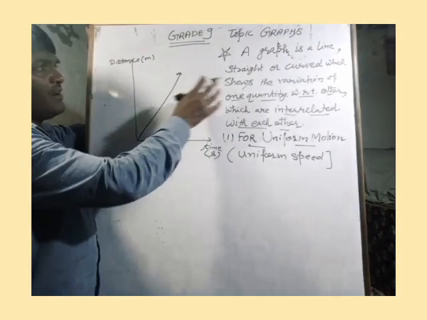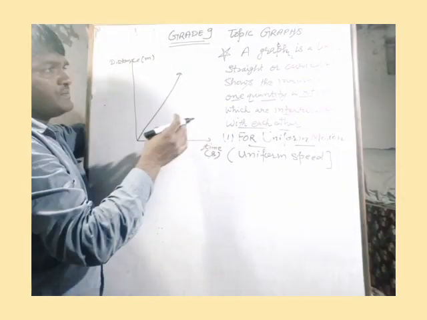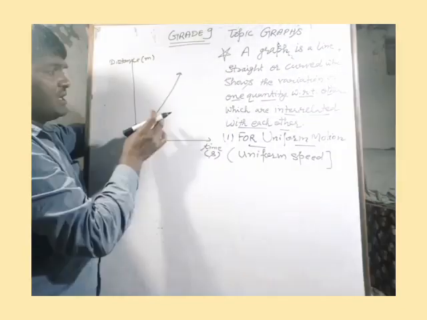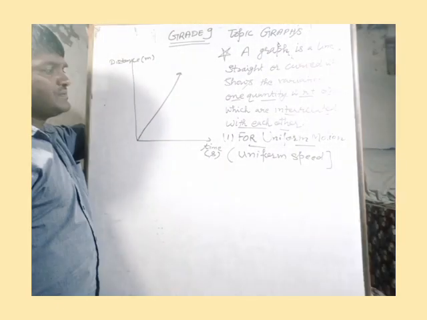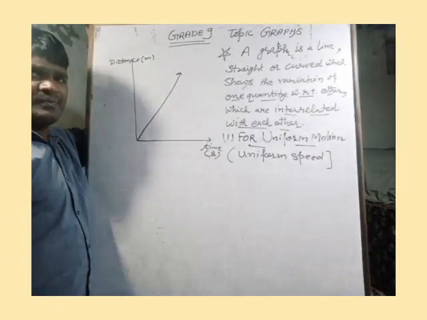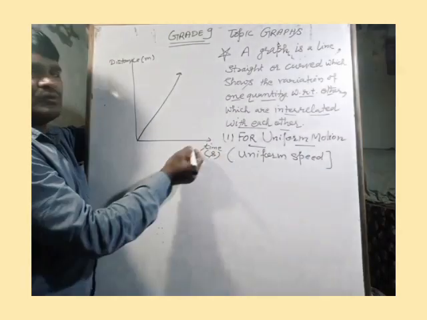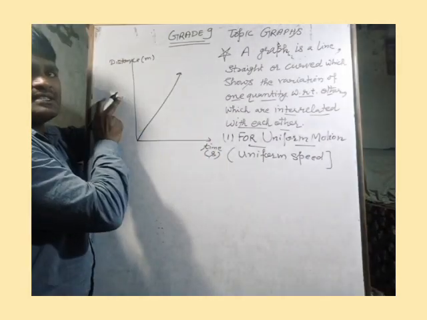This is the interpretation or importance of a graph. How a graph can cover a large amount of information in a small hint, you can say. So two axes we needed, one for time, one for distance.